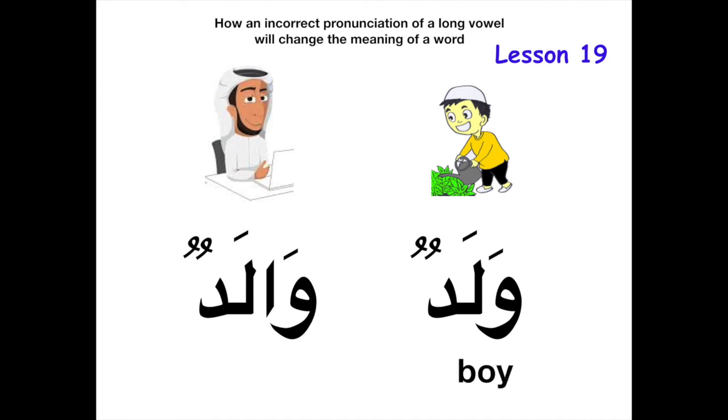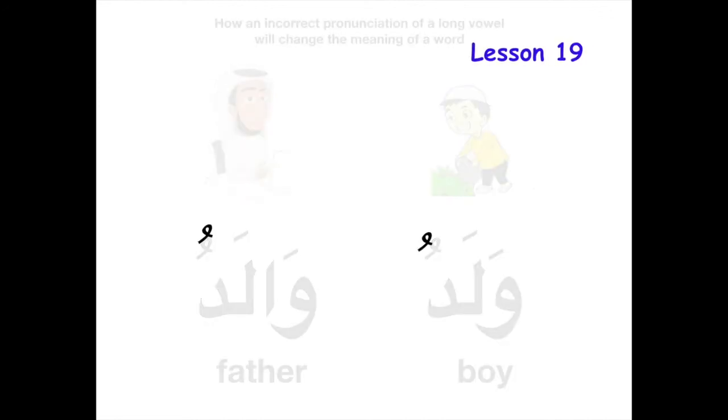One wa, la, dun means boy, the other means father. So that alif is very important because it changes the meaning of the word. So don't ignore it. And that was lesson number 19.